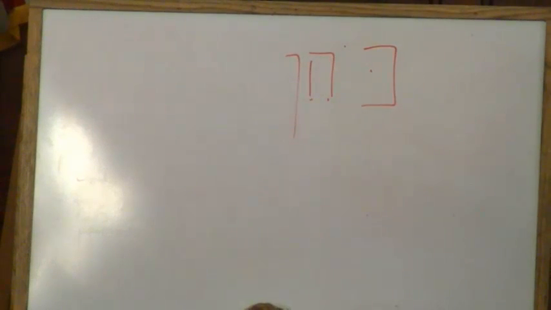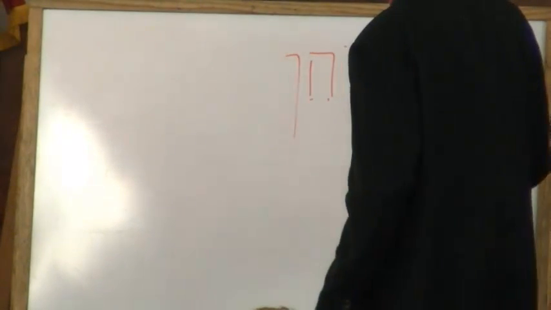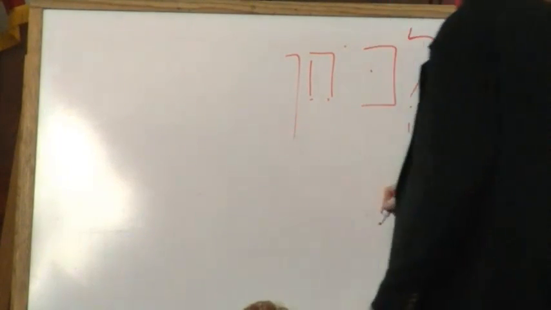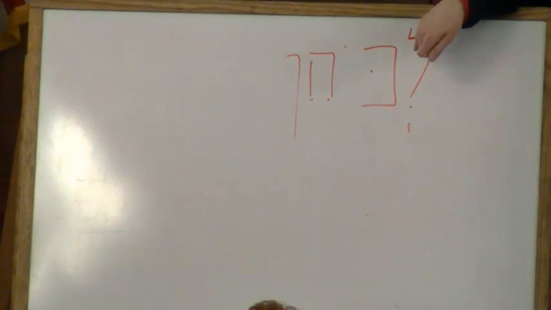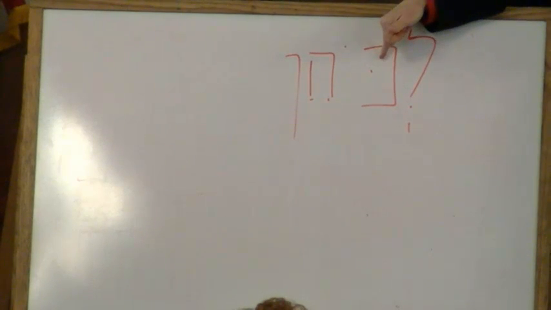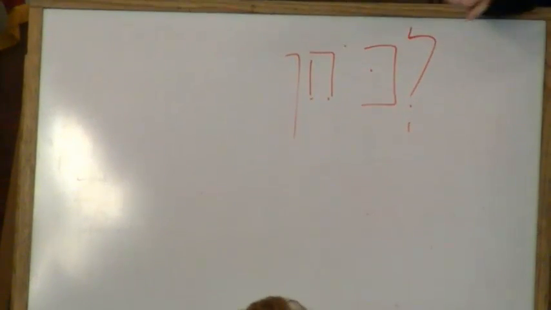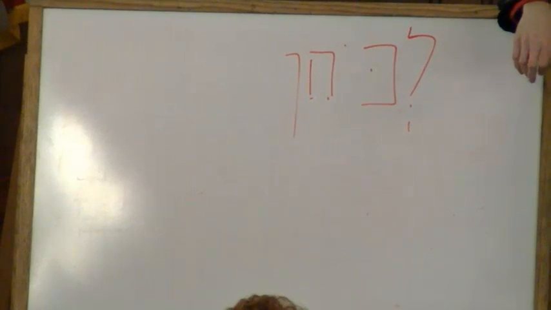He actually gives it to you right there. Yeah, stick the lamed in front. Okay, so here's the lamed. Lamed shawa. Now we have la kohen. Does this change from being a stop, or does it stay a stop? Or does it change to a spirit?